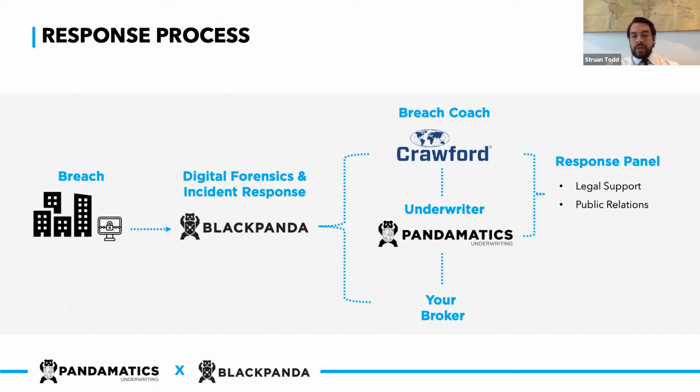And we've come to this realization that this seems like the best method, because if there's an existing relationship with Blackpanda, who know your network in some way, have given advice or provided services of any sort, you're far more comfortable talking to them rather than someone you've never called before. And at least that relationship rolls through and we can talk about absolutely every component together to ensure that the claim is handled appropriately. So I think that's it on the claims process, but if anyone's got any questions, we can come to those at the end.